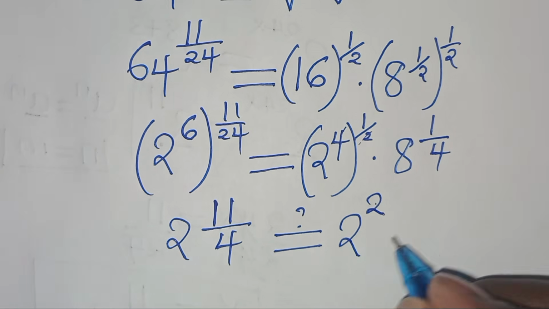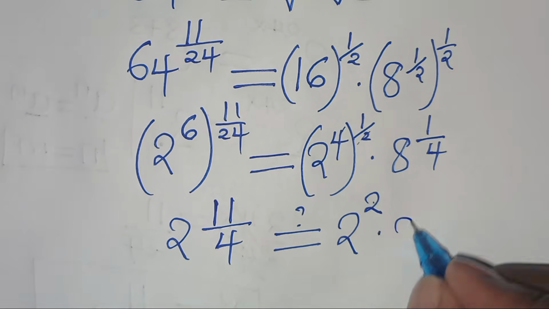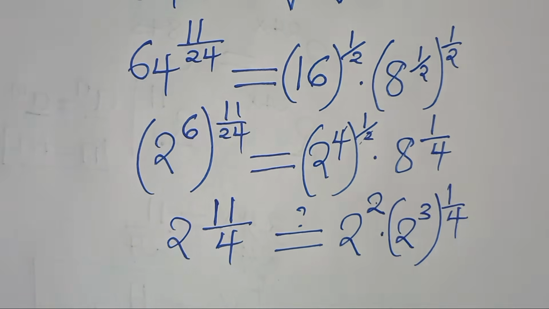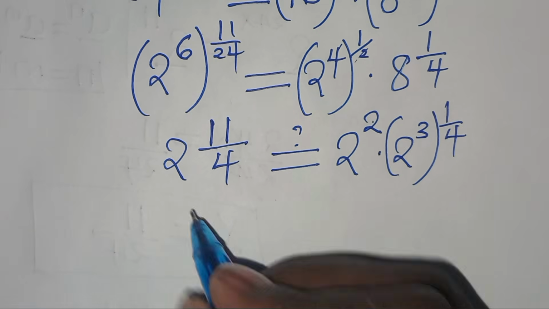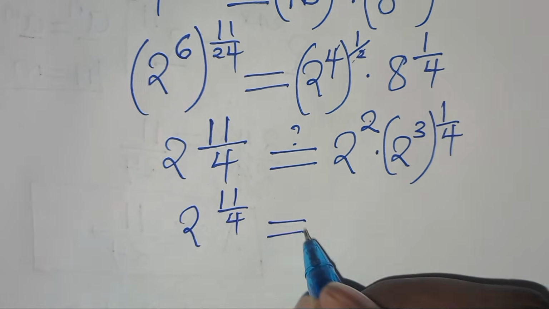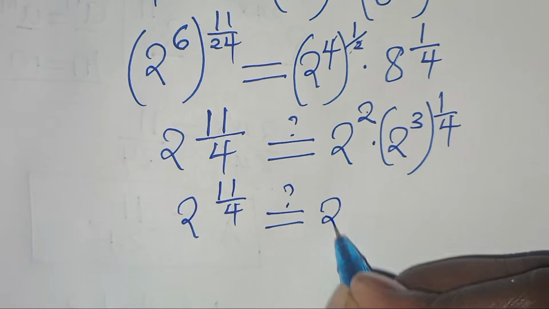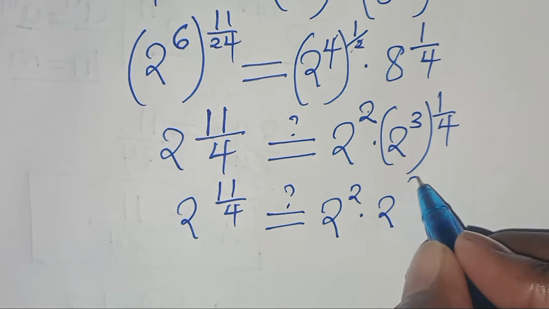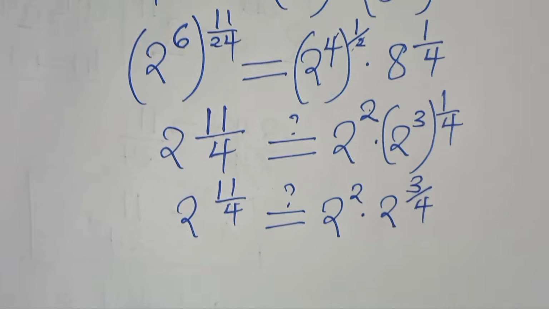We have 2 raised to the power of 2 times 8, which is 2 to the power of 3 raised to the power of 1/4. So we have 2 to the power of 11 over 4. This should be equal to 2 to the power of 2 times 2 to the power of 3 times 1 over 4. This is 3 over 4.